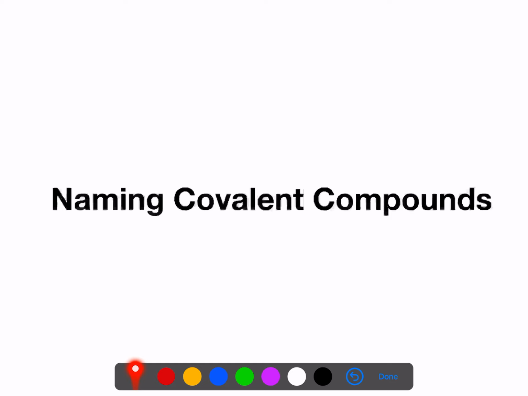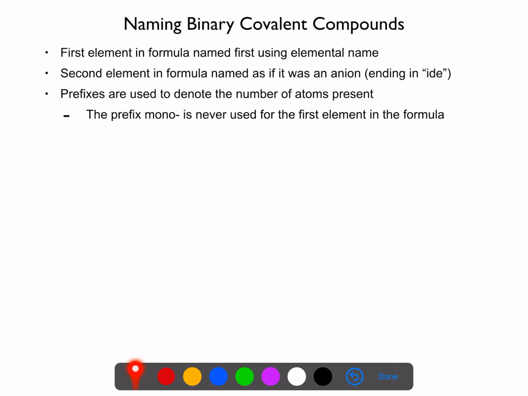So now we can quickly go over the naming system for covalently bonded compounds. And we're going to look at a simple case where we have binary covalent, so just 2 different types of elements present in our covalently bonded compounds. This is going to be similar to ionic, where we're going to first name the first element using its elemental name, and the second element in the formula we're going to treat as if it was an anion by ending with the "ide" suffix.